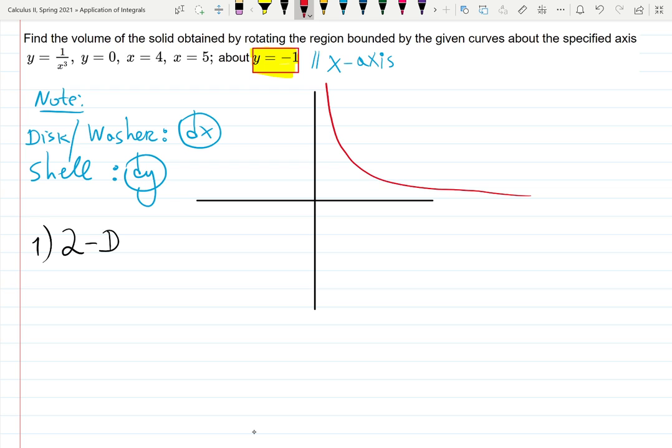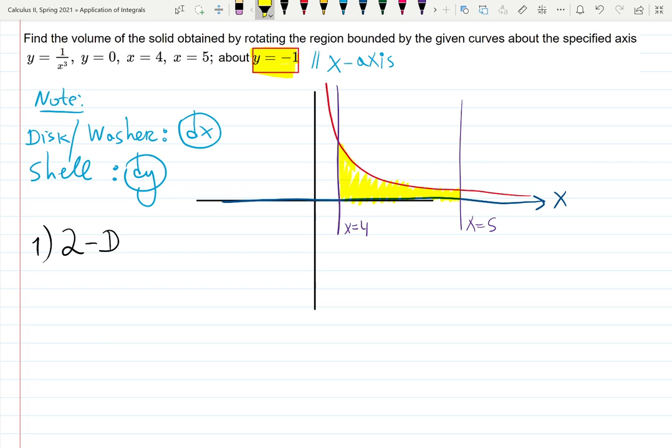Okay, now y equals 0, that's the x-axis. So that's basically the floor. x equals 4 and x equals 5 create a cut, finally enclosing the area we need to revolve.